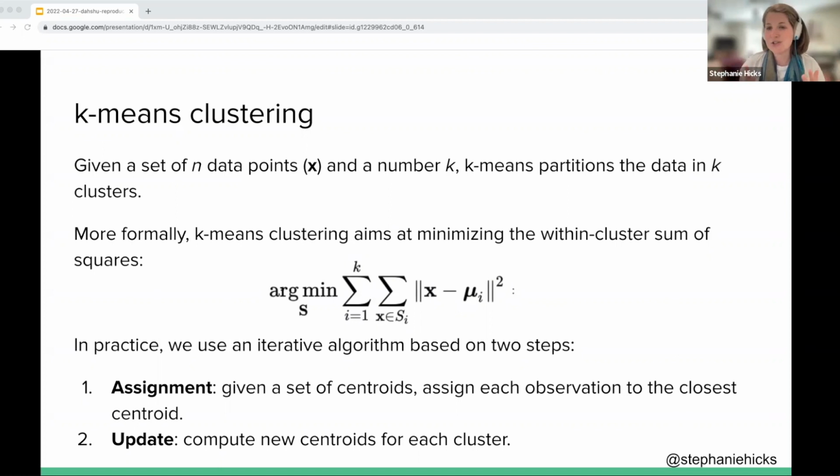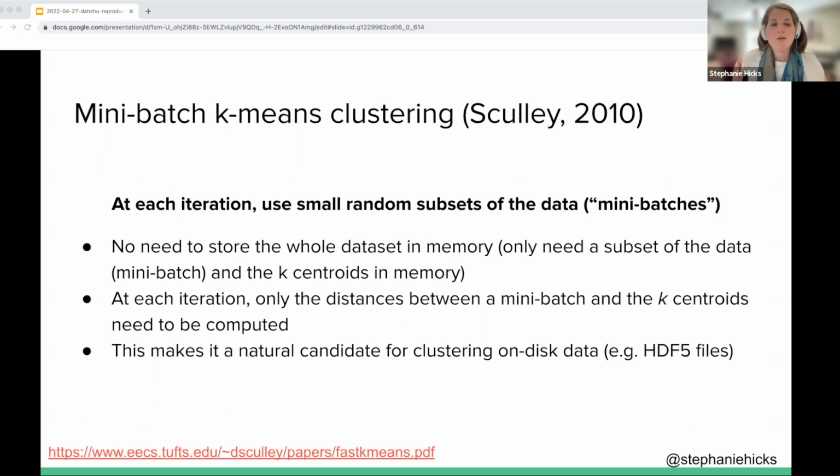That storage requirement and those calculations, those matrices, just get really big as the data become big. So I looked around for algorithms that would enable scalable clustering for larger and larger data sets. There are a couple of ways of doing this. I settled on mini batch k-means.